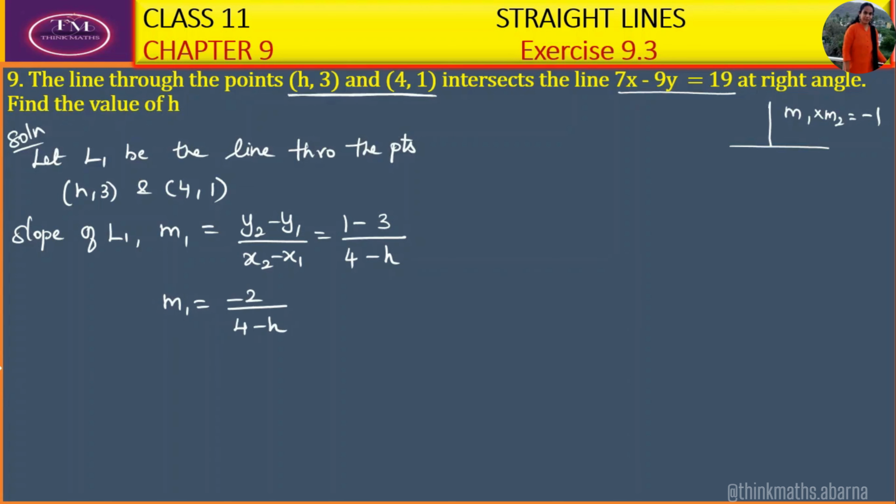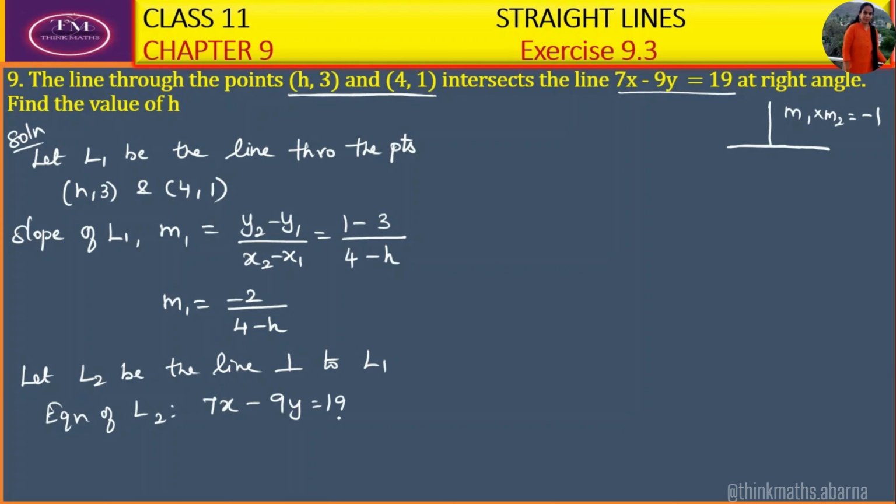So this is M1. Now there is another equation, 7x minus 9y equal to 90. So this is the equation of a line perpendicular to L1. Okay. So let L2 be the line perpendicular to L1. The equation of L2 is given as 7x minus 9y equal to 90.